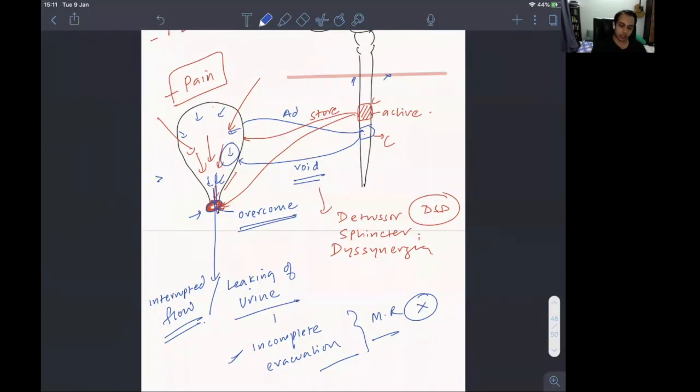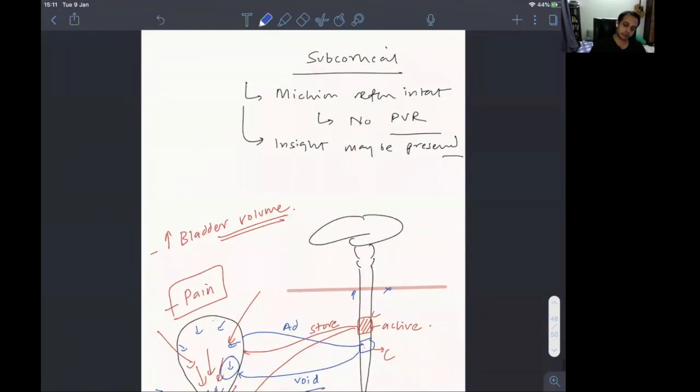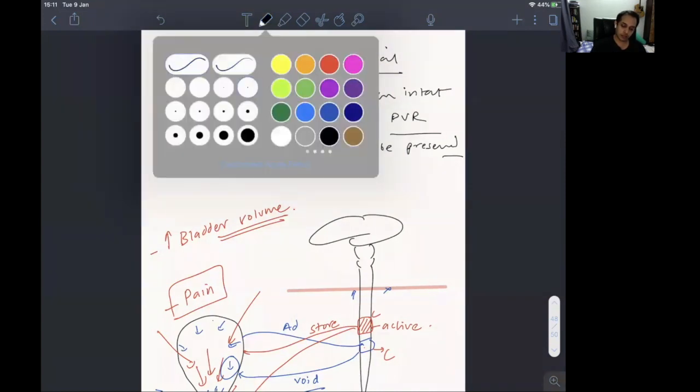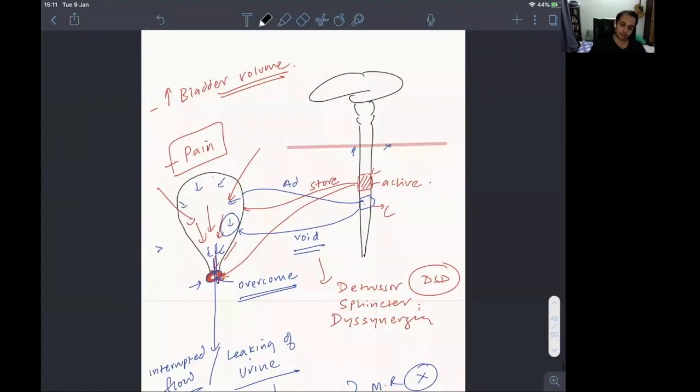So what are all the things that can happen here? As soon as the bladder is stretched even a little, you can have your parasympathetic trying to void. So you get urgency.